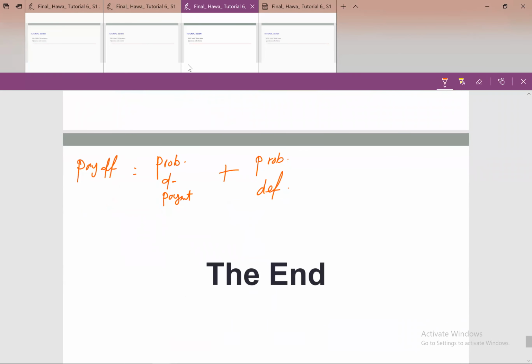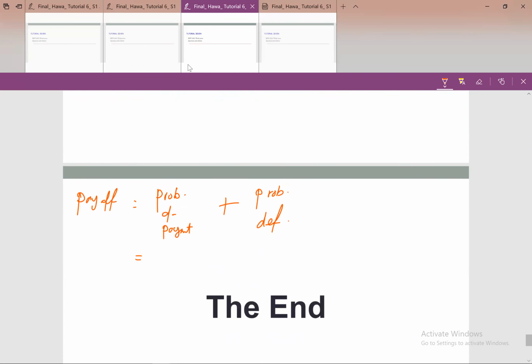Now let's look at the probability of payment. The probability of payment times the principal plus the interest. Then the probability of defaulting, because the probability of payment is 95%, the probability of defaulting is 1 minus 95%, which is 5%.